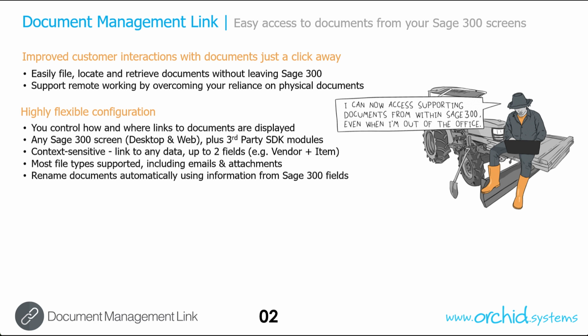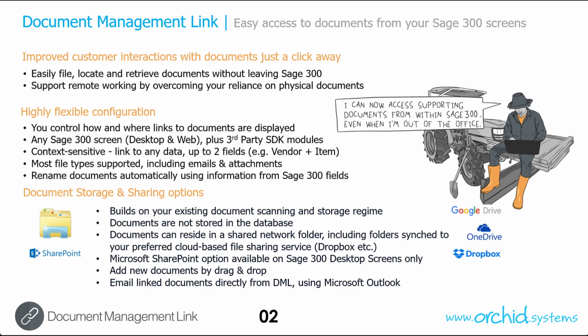Most file types are supported, including emails and attachments. And when you drag and drop a document in, you can rename the document automatically using information in the Sage 300 fields and screen. The documents can be stored on a network folder, or on a mapped drive like Google Drive, OneDrive, Dropbox, or you could be storing the documents in SharePoint.